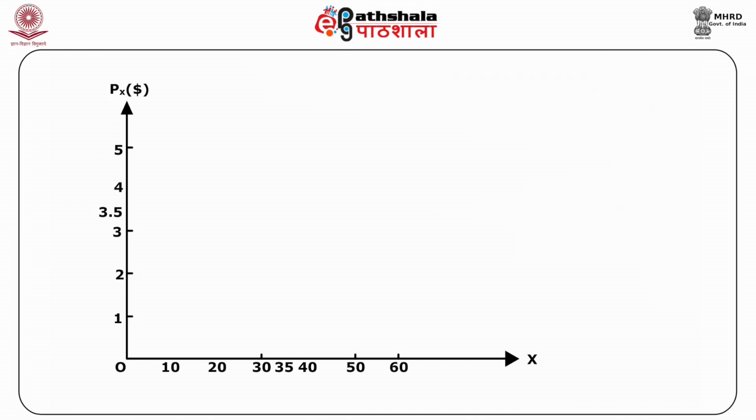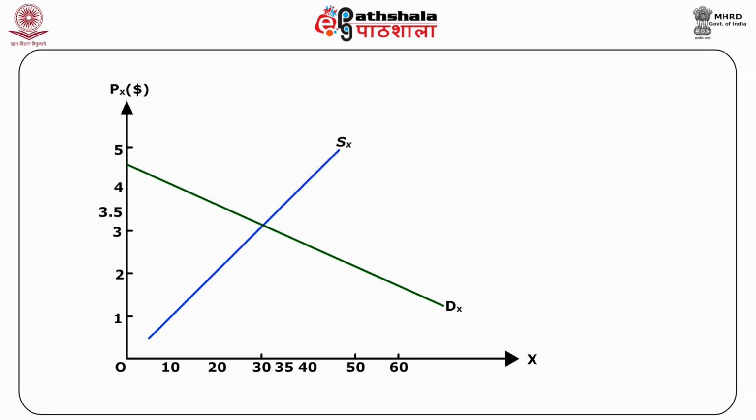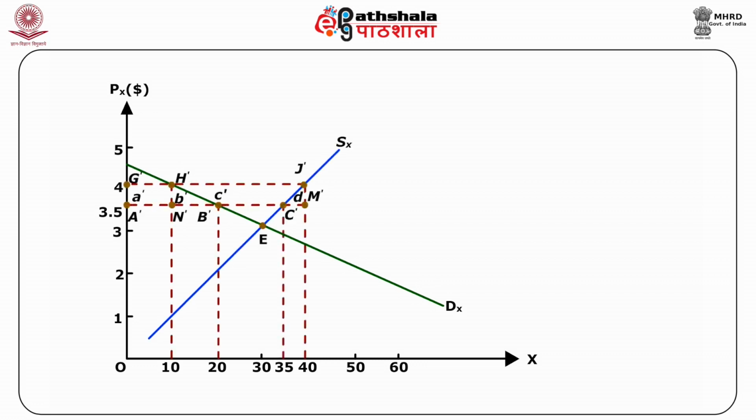The effects of the subsidy are explained with the help of the figure. In the figure, Dx and Sx represent the nation's demand and supply curves of commodity X. At the free trade price of Px, small nation 2 produces AC, consumes AB and exports BC.